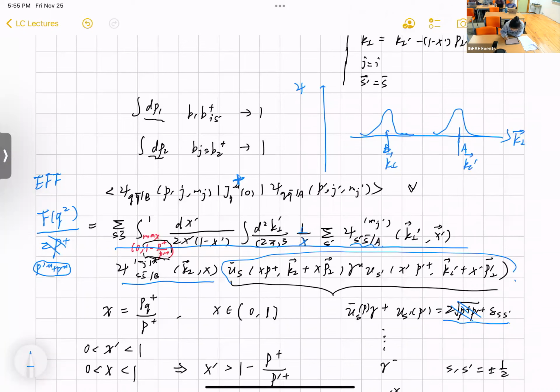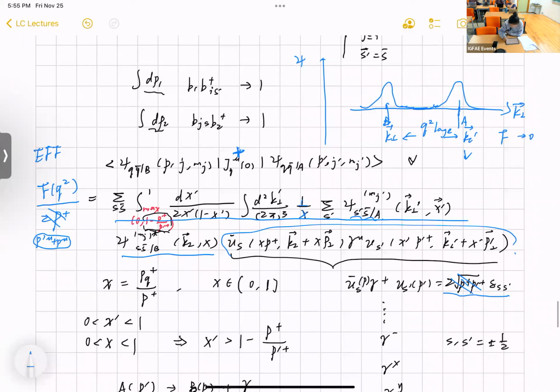If they are too far away, meaning at large Q square, then there's no overlap in between, so my form factor should go to 0, right? And when they start to overlap, when these two are close together, I have some finite value for the form factor. And when they are exactly together, what do we get? We have just the normalization of the wave function, so the form factor should go to 1, right?